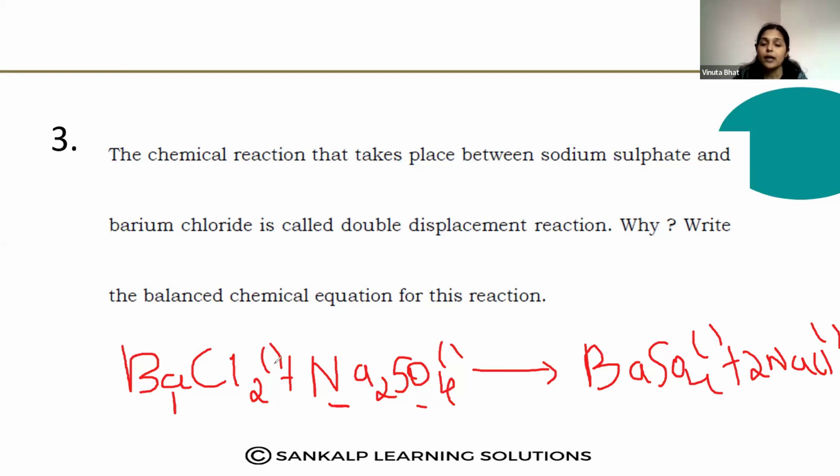So there is an exchange of ions between the reactants, so it is called a double displacement reaction. And this is the balanced chemical equation for this reaction. Please note down the question.